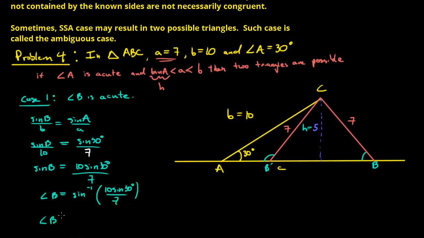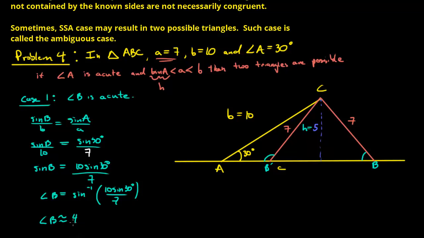I encourage everybody to try this on their calculator at home. 10 sine 30, which is 5, divided by 7 is 45.5 degrees.